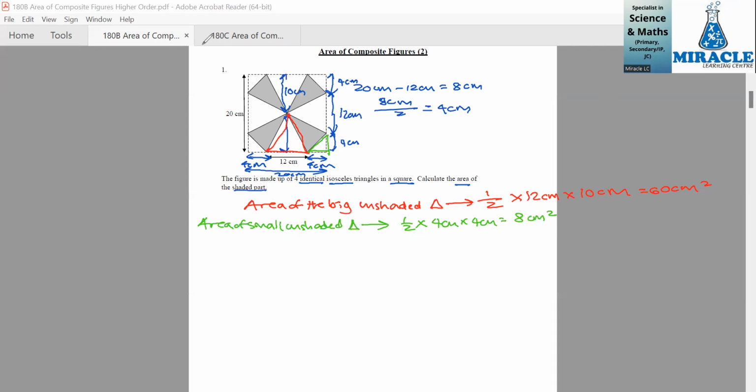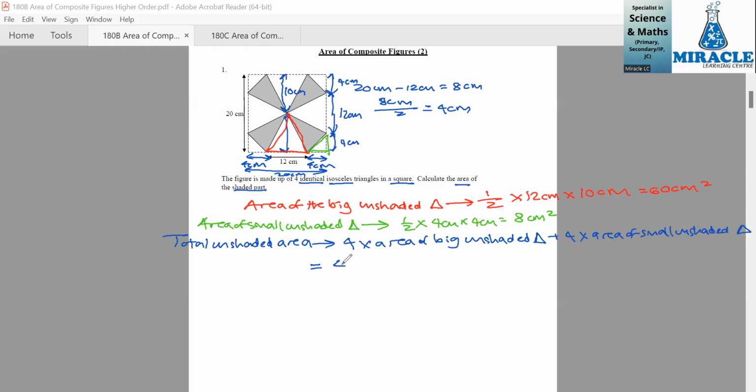Okay, so now we can find the total unshaded area. So total unshaded area would be 4 times area of big unshaded triangle plus 4, because there's 1, 2, 3, 4, and 1, 2, 3, 4, plus 4 times area of small unshaded triangle.